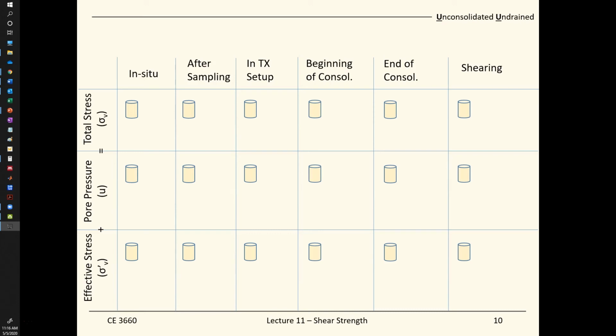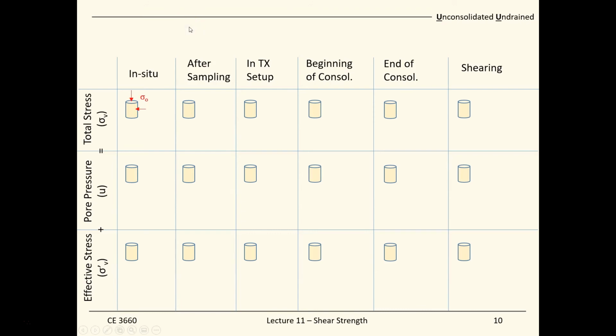Firstly, when a piece of soil element is in the ground, it has total stress sigma naught on it, and also the initial pore pressure. We can also calculate the effective stress, which is the difference between the total stress and the pore pressure.